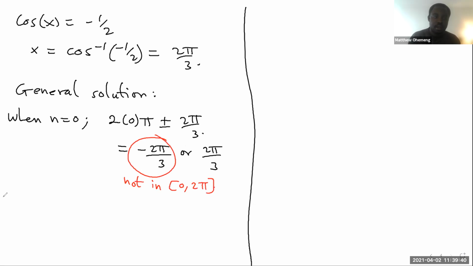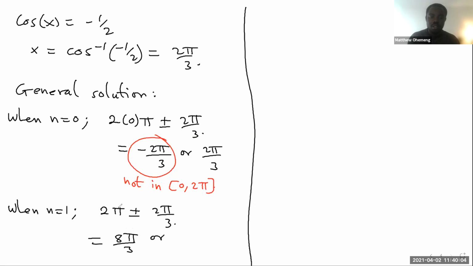Now, when n equal to 1, that'll be 2 pi plus or minus 2 pi on 3. If you do the plus, we are going to get 2 pi plus 2 pi on 3, which is 8 pi on 3. With the minus, 2 pi minus 2 pi on 3 is 4 pi on 3.